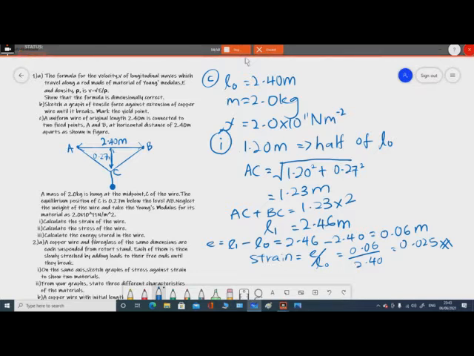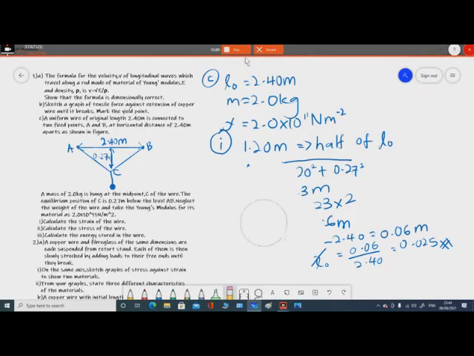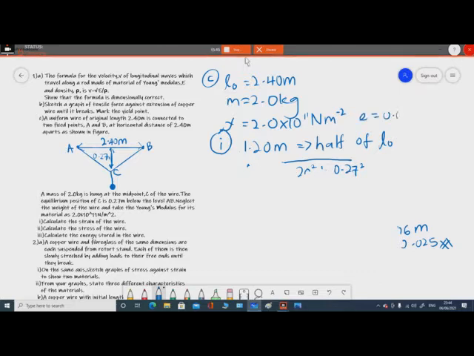So this is how we find part C number 1. Let's move on to part 2. Let me write down the final answer here, 0.025.